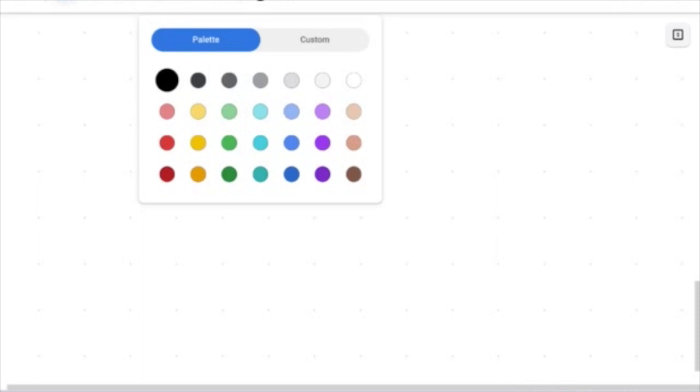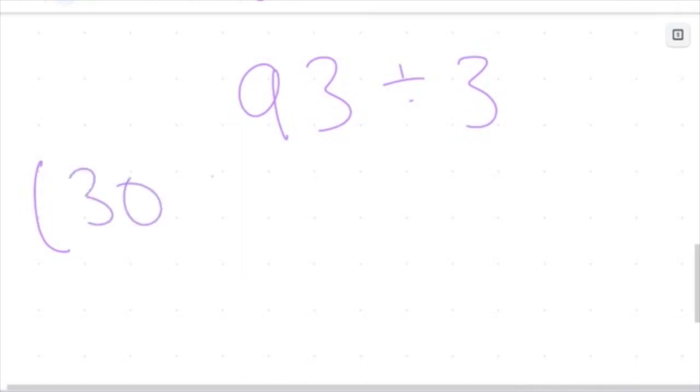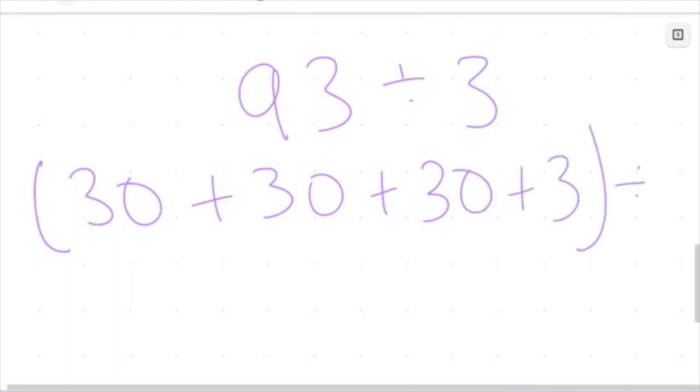So if we have a look at one more example, let's do, for example, 93 divided by 3. Okay, well, let's break up 90 into 30 plus 30 plus 30, plus 3, and divide all of that by 3.